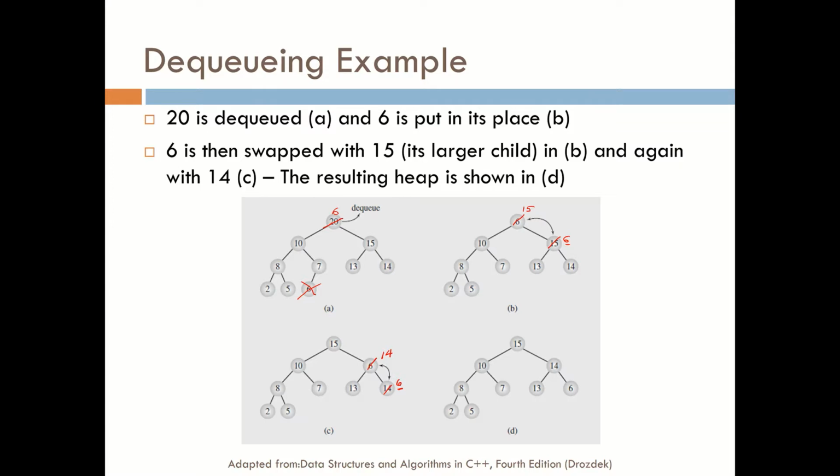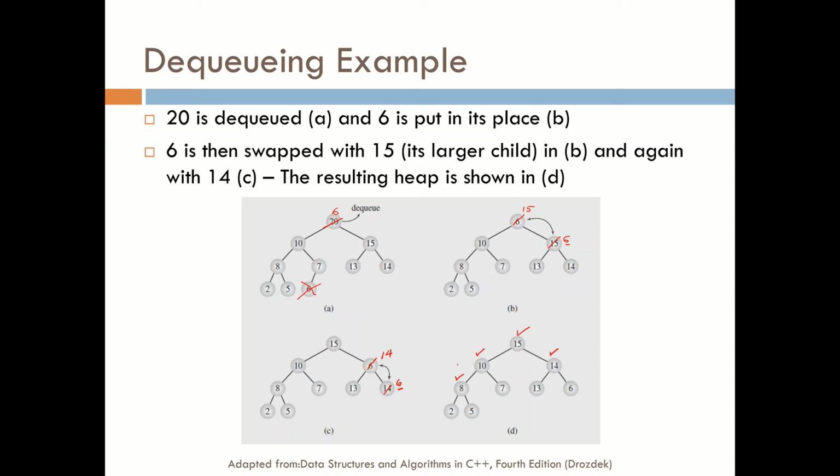The tree at C, which I've converted along the way, is exactly the tree at D. And that tree has restored the heap order property. Let's take a look at it. 15 is greater than or equal to both 10 and 14. 10 is greater than or equal to both 8 and 7. 14 is greater than or equal to both 13 and 6. 8 is greater than or equal to both 2 and 5.